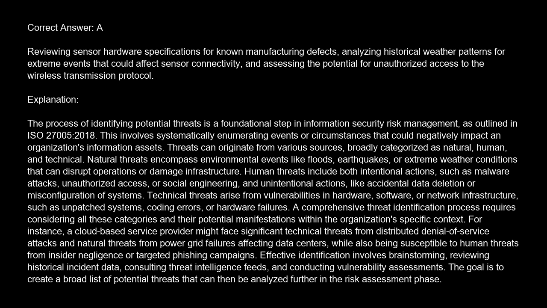Technical threats arise from vulnerabilities in hardware, software, or network infrastructure, such as unpatched systems, coding errors, or hardware failures. A comprehensive threat identification process requires considering all these categories and their potential manifestations within the organization's specific context. For instance, a cloud-based service provider might face significant technical threats from distributed denial-of-service attacks and natural threats from power grid failures affecting data centers, while also being susceptible to human threats from insider negligence or targeted phishing campaigns.